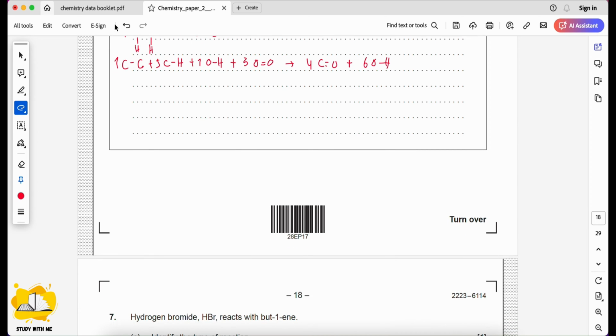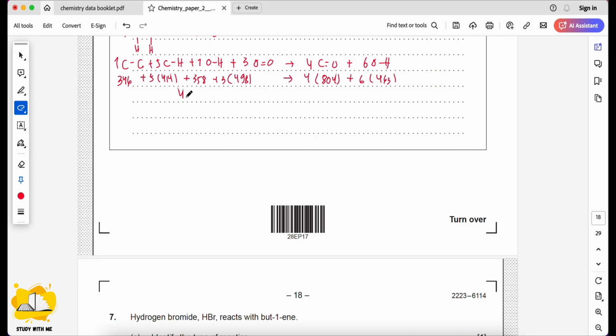Based on the average bond enthalpy in the data booklet, you will have 346 plus 5 times 414 plus 358 plus 3 times 498, plus the O-H bond. And for the products, 4 times 804 plus 6 times 463.